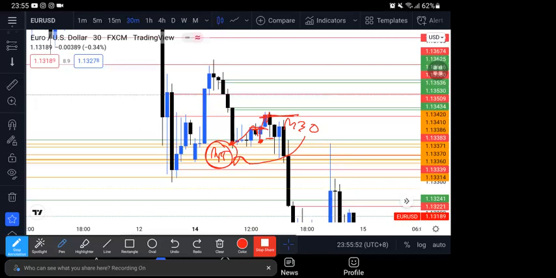So, when we have the entry at M15 over here, we're going to wait for M30 to break out. This is the M15 entry. This is the M30 structure that is available. We're going to wait whether it breaks or not. This one is a break, so we're going to find a re-entry at M15.